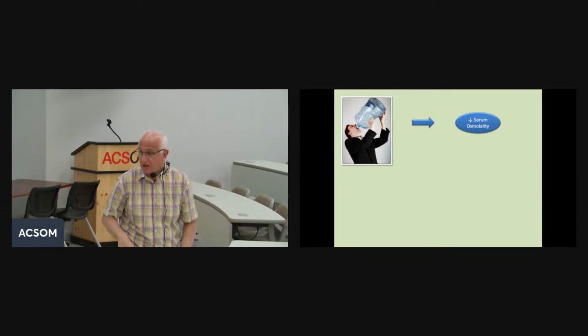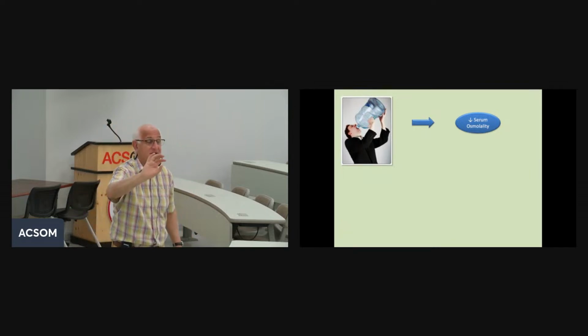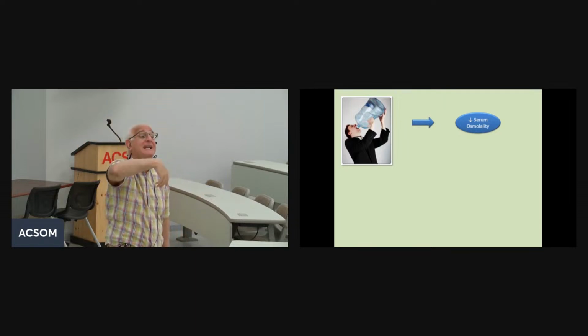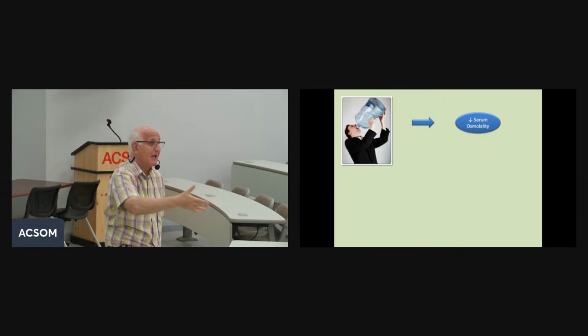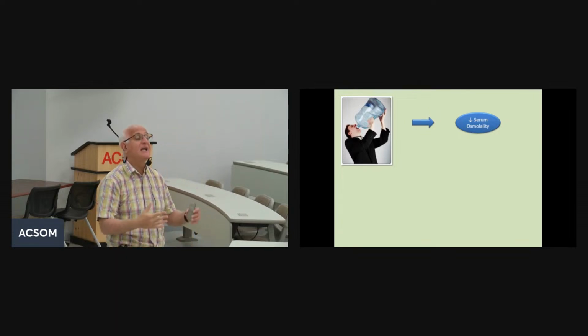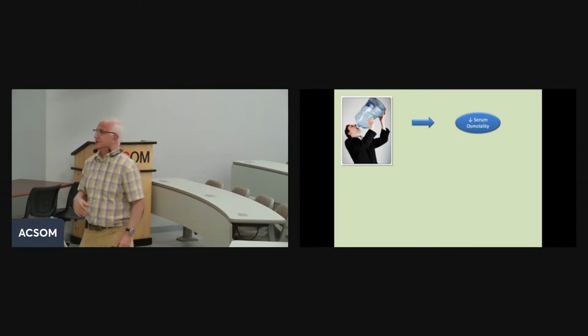The BUN and glucose are important in pathological situations when our glucose, instead of the normal of 100, is 500. It affects serum osmolality. But in normal life, it does not have a major role in osmolality. When I talk about osmolality, 99% of the time, I'm talking about sodium, serum sodium.